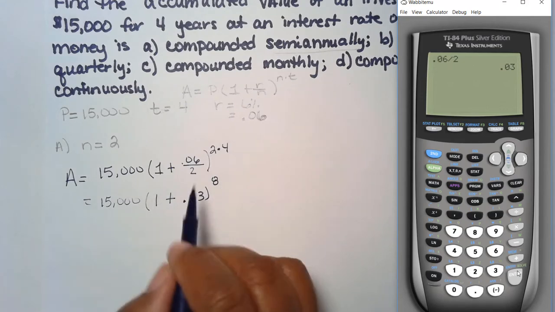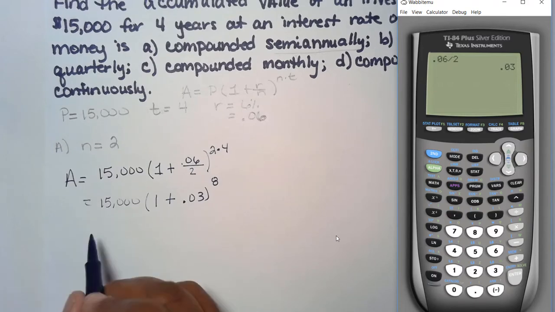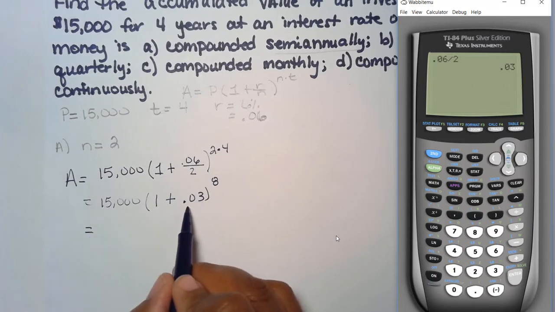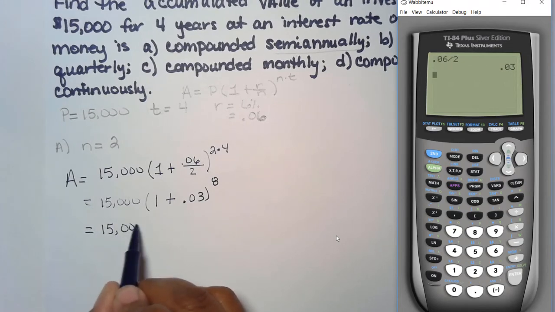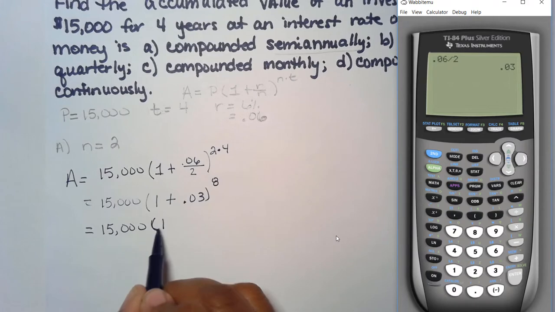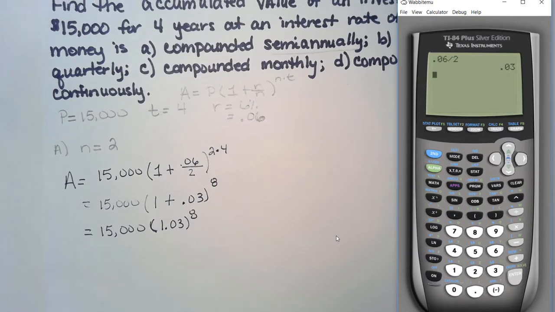Now all we're doing is using order of operations to simplify this. So next, we're going to add 0.03 to 1, which is 1.03, all raised to the 8th power.